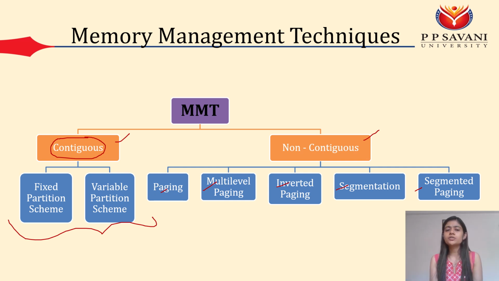What is the difference between contiguous and non-contiguous? Let's say one process of size 100 MB comes into the operating system and wants to execute. The operating system will use either a contiguous or a non-contiguous allocation technique. Let's say your operating system is designed on contiguous memory allocation. Whenever a process comes in, the operating system checks how much memory is required to store it.